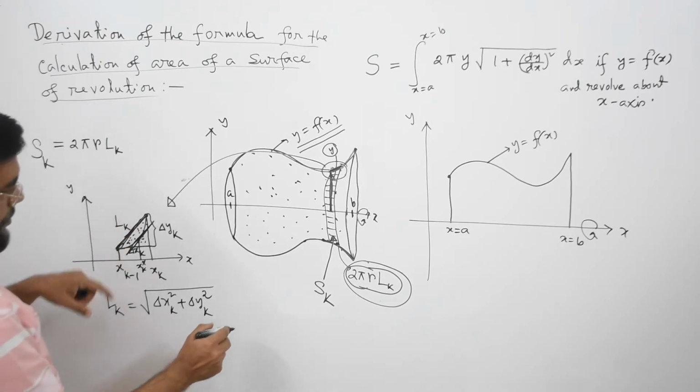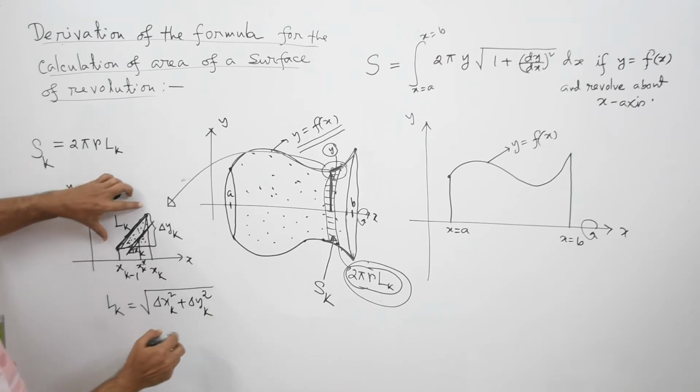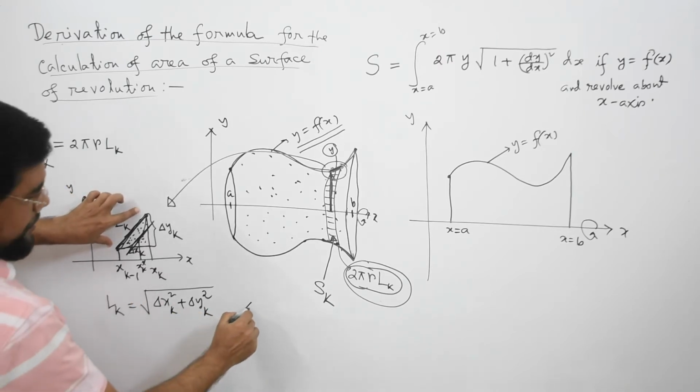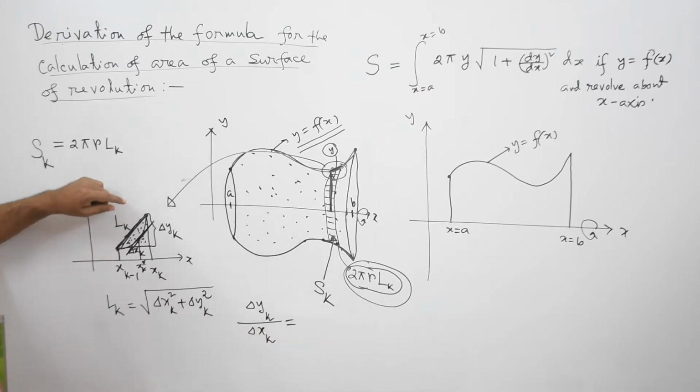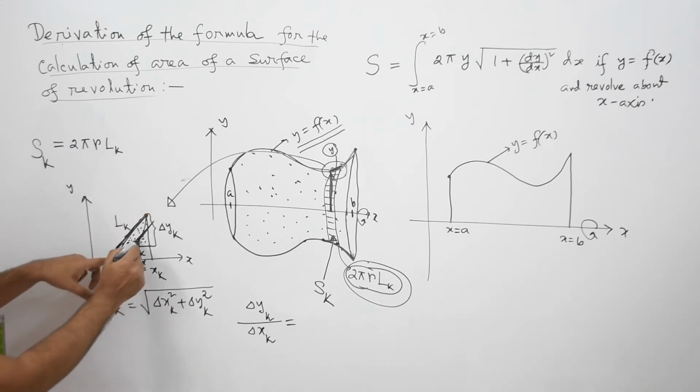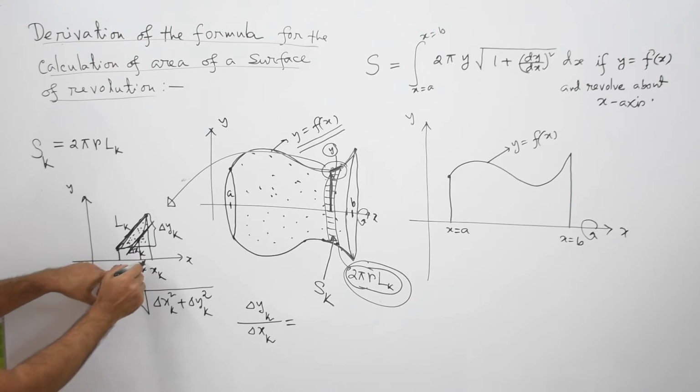So mean value theorem said the slope of this second line, which is change in y divided by change in x, is equal to the slope of this tangent line at this point xk star.